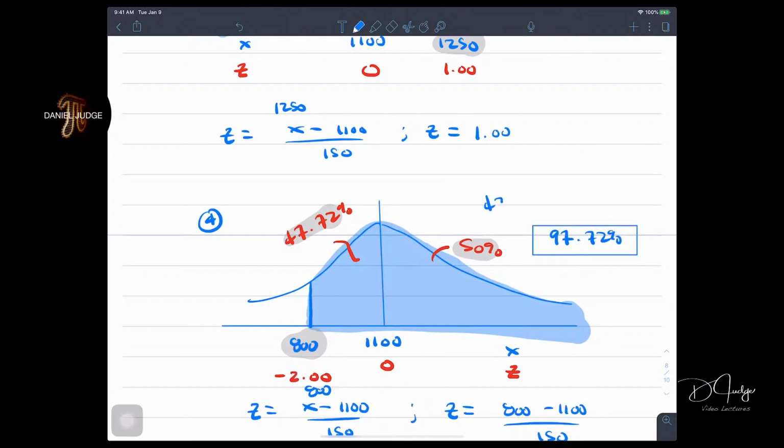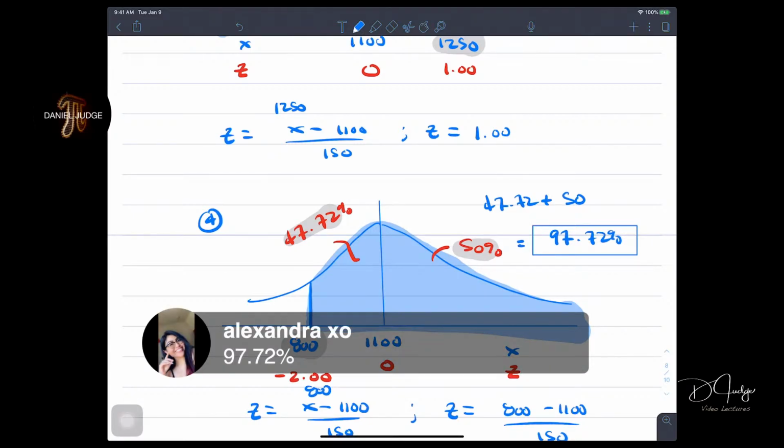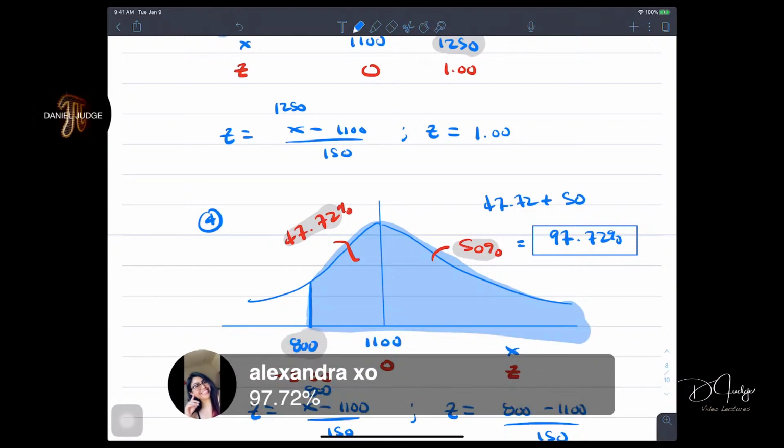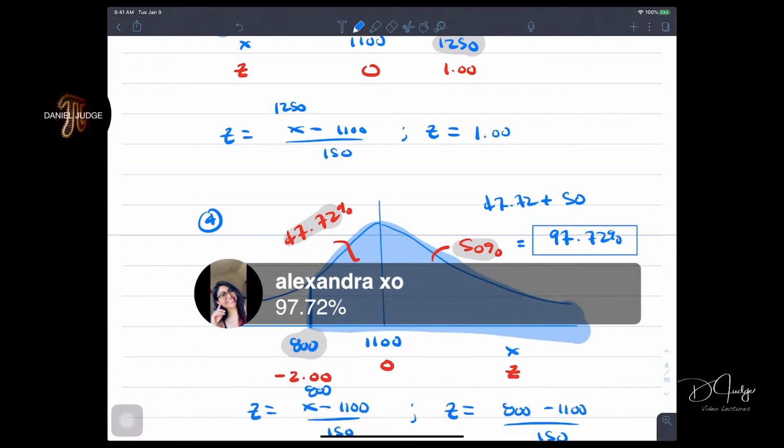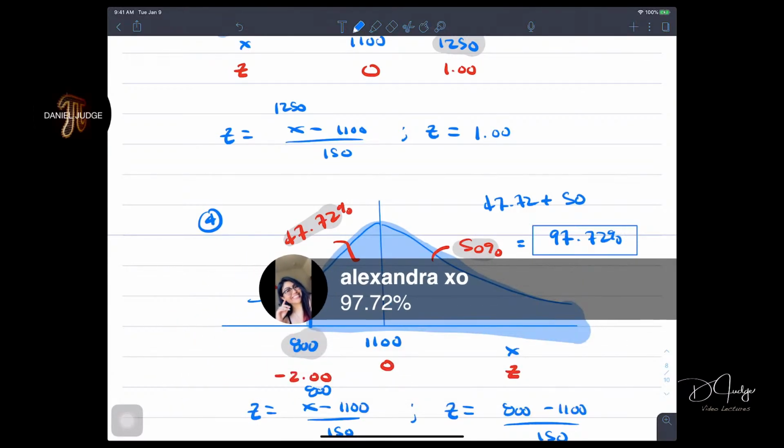Because we're going to take the 47.72 and add it with the 50. And let's see, Alexandra, you're correct for the final answer. So it's going to go there, 97.72, right in there. You guys can see that. And there we go. That's number 4.